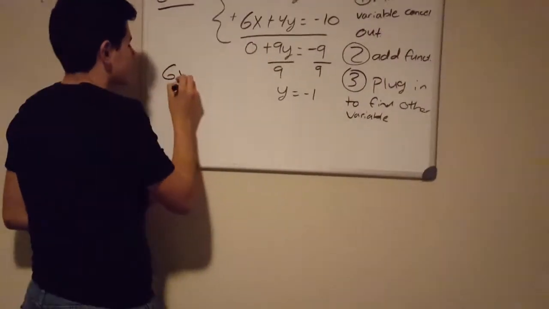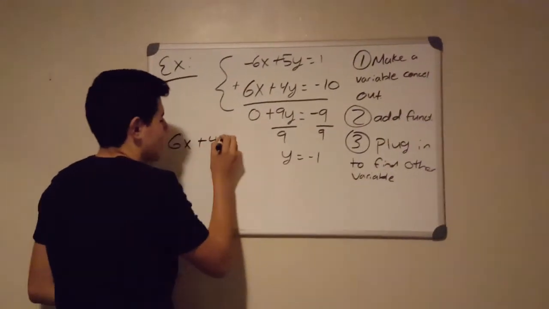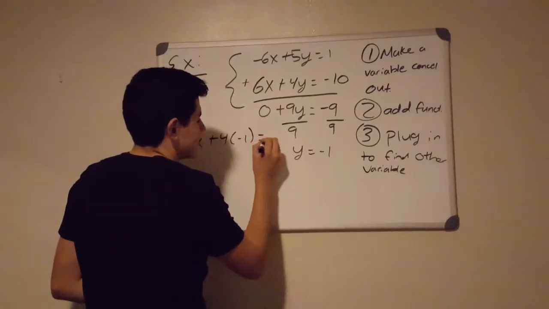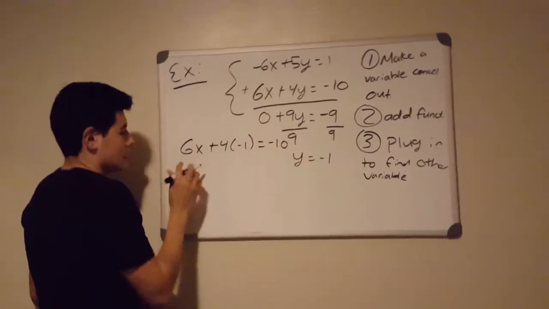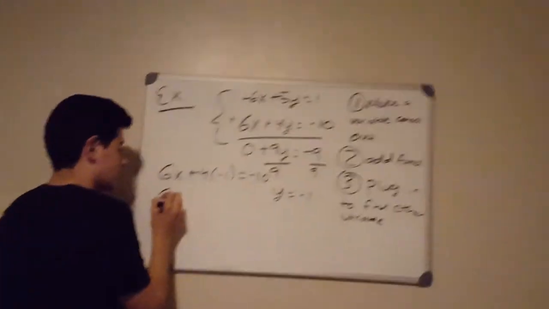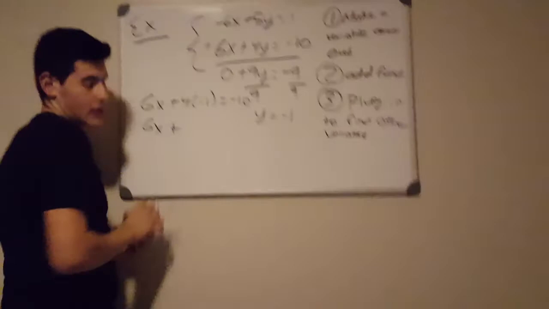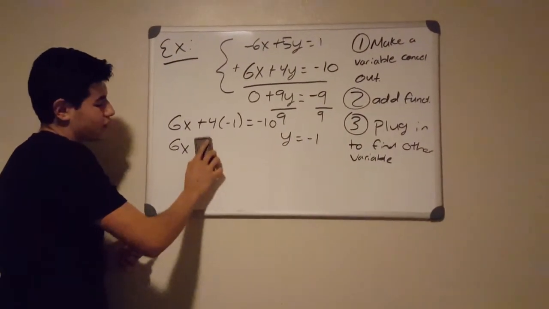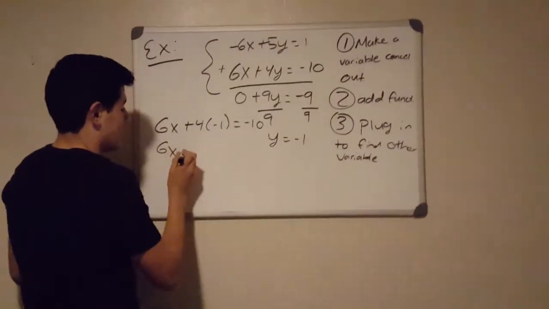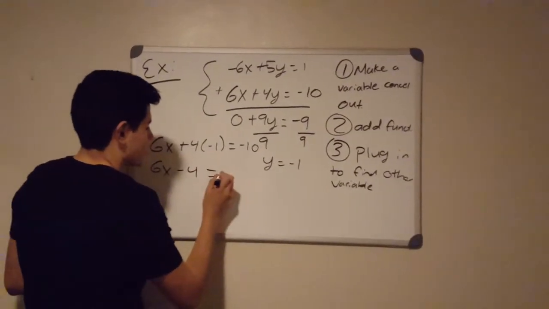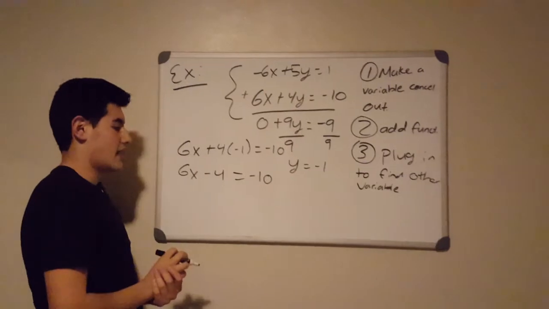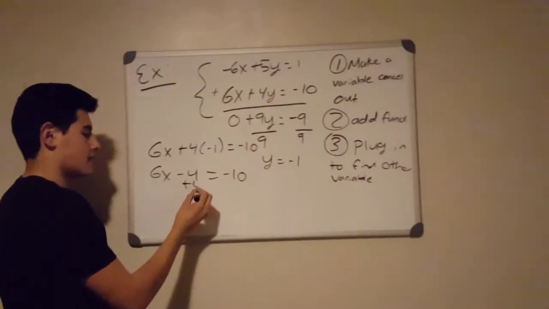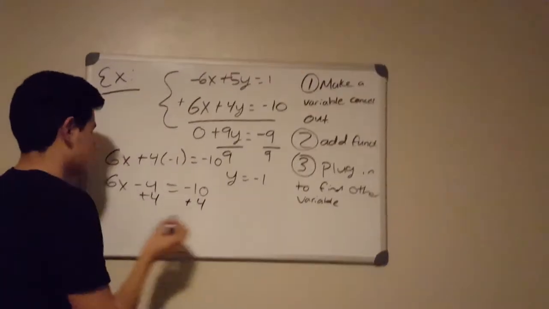So we have 6x plus 4 times y, which is negative 1, is equal to negative 10. So then we go through and clean up our problem. 6x plus, see, 4 times negative 1 is negative 4. So we'll do negative 4, which is equal to negative 10. After that, we can add 4 here, add 4 here.